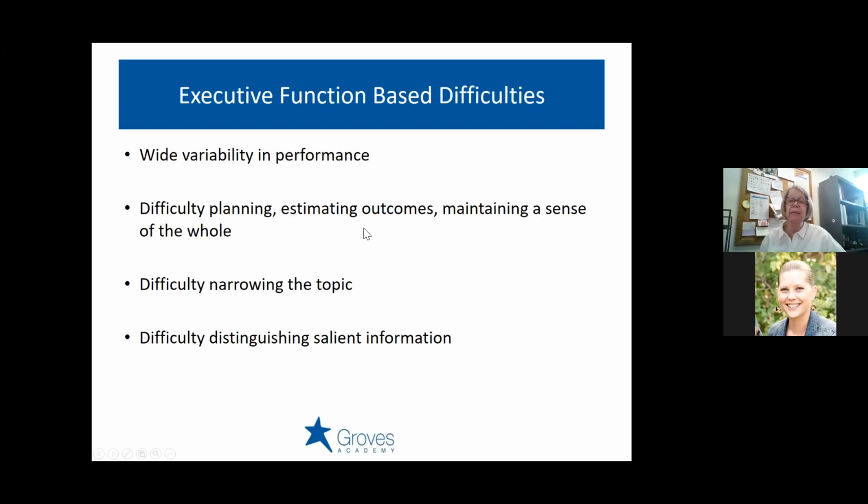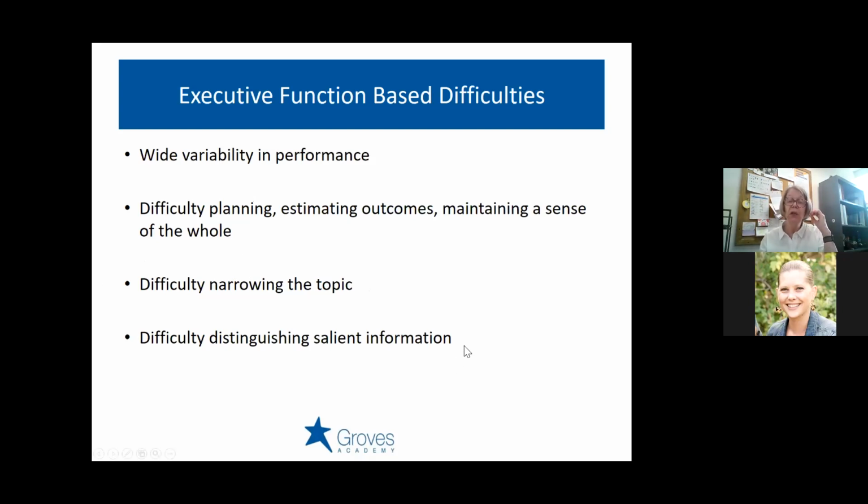So maintaining that sense of unity of a topic, and what the whole is going to express, as opposed to individual sentences or paragraphs. Another executive function error is difficulty narrowing the topic. Because if your topic is too broad, you'll never really get to the meat of what you're trying to say.